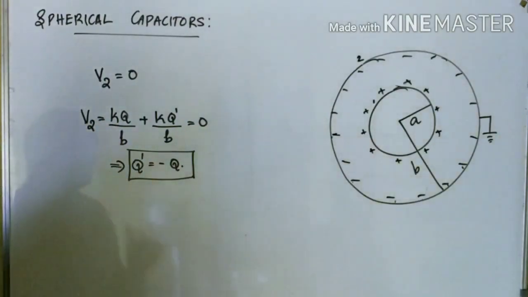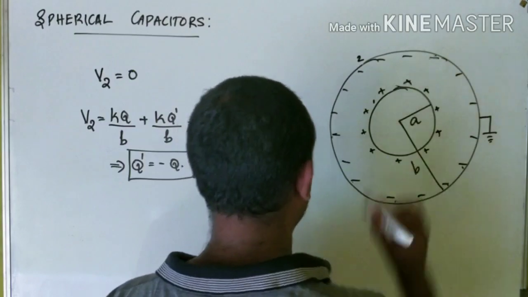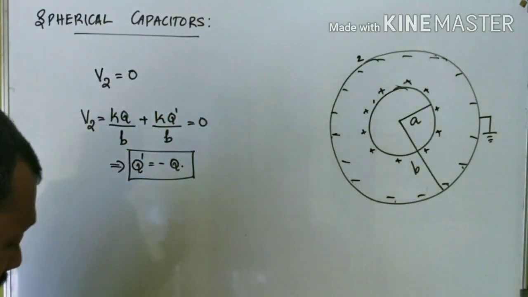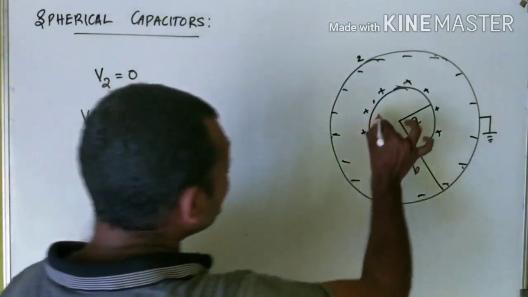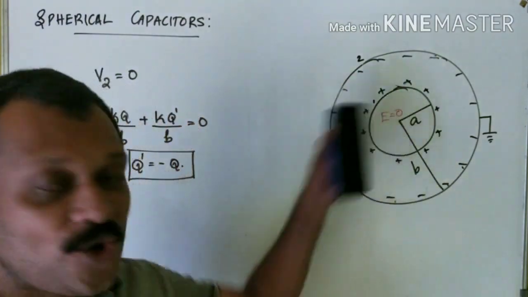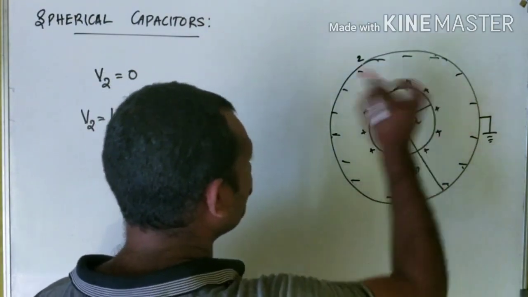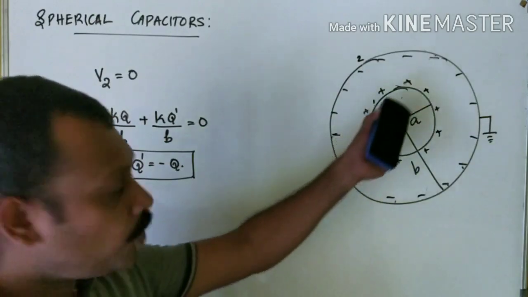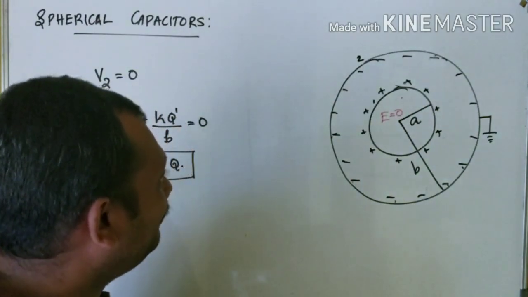That again means there exists an electric field. You can see here, there is a region of positive charge, and here there is a region of negative charge. In this region, the electrostatic field is equal to 0 because it does not enclose any charge. If you consider a point here and construct a Gaussian surface, it does not enclose any charge, so the electrostatic field is equal to 0 here.